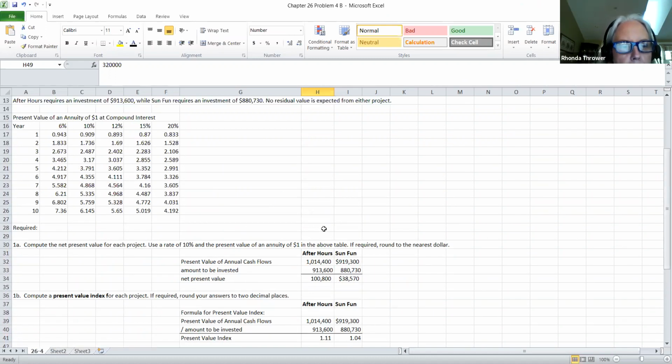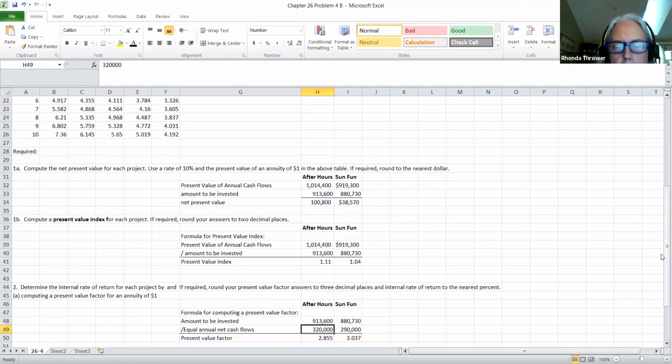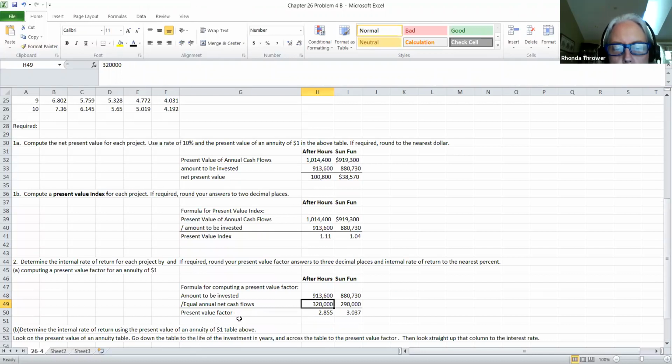So we'd look on our table and we should have 2.855 somewhere right here. It is for 4 years. And you see that we actually earned 15% off of this investment. So that's kind of what they're telling you there. But this first part is the present value factor.